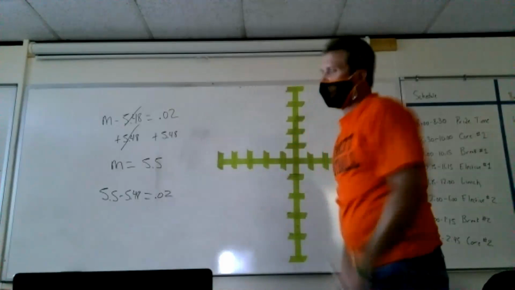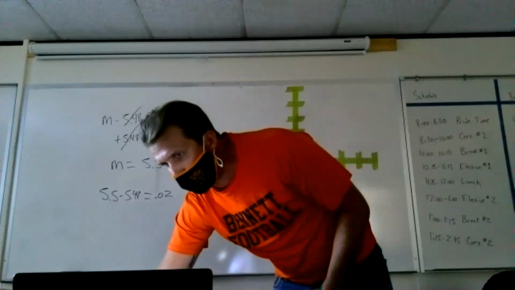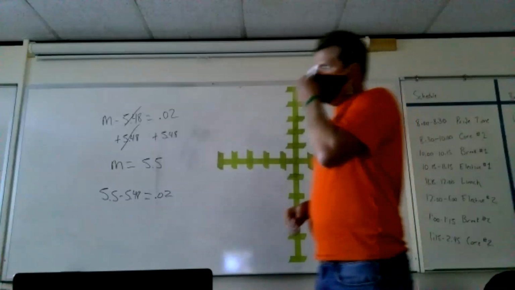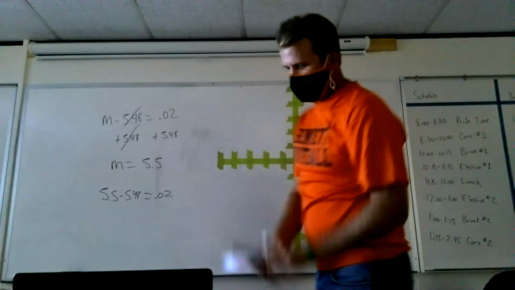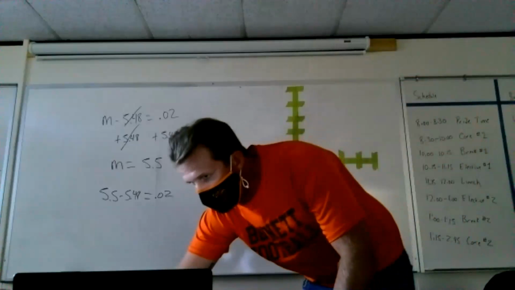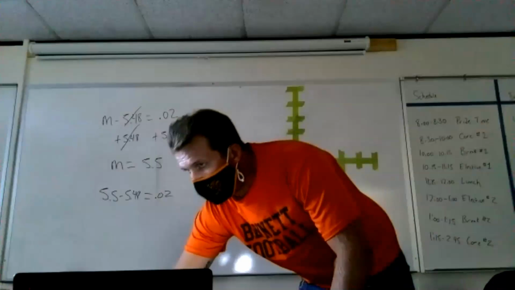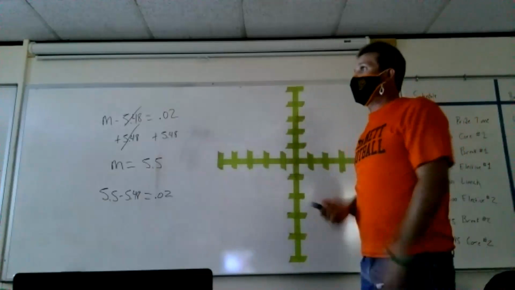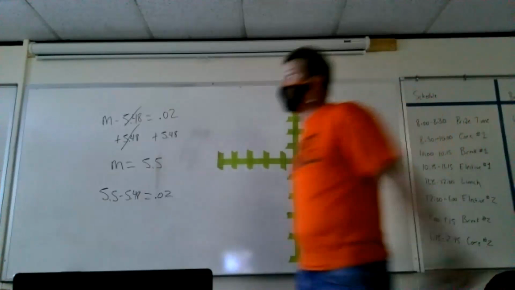Okay, that kind of makes sense. You're reversing order of operations, and don't be afraid to plug it back in. The simplest way to do that is to just check yourself. I'd hate to see you guys miss problems because we were too, not lazy, but we just didn't want to plug it back in, because I'd rather be right than tired any day.